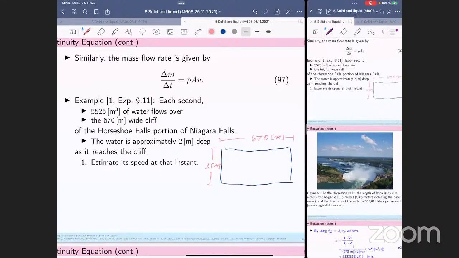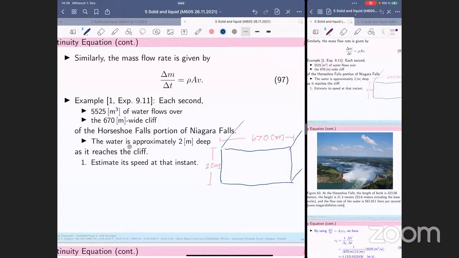This is the cross view of the water flow in the Horseshoe Fall, and the water flows toward us. They measure the flow rate, the whole volume of water per second.